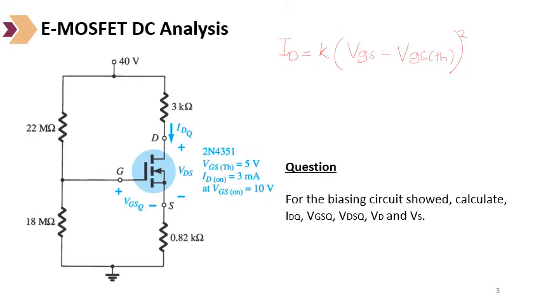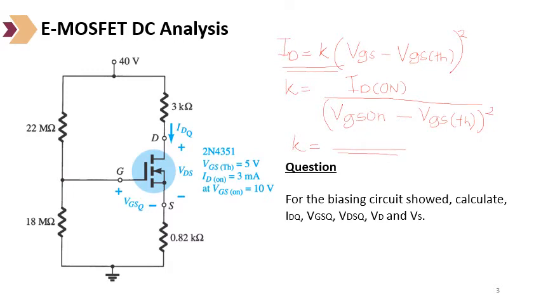Whenever you want to find the value of K, for example, in this question there is no K given, so by using this formula you rearrange it, but the value of ID you have to put at on condition, over (VGS at on condition minus the VGS threshold value) squared. Now you can find the value of K.